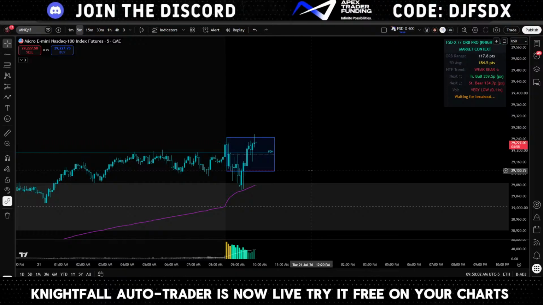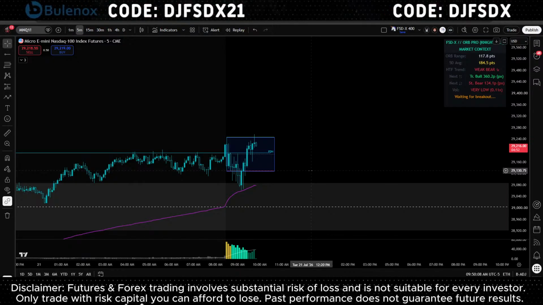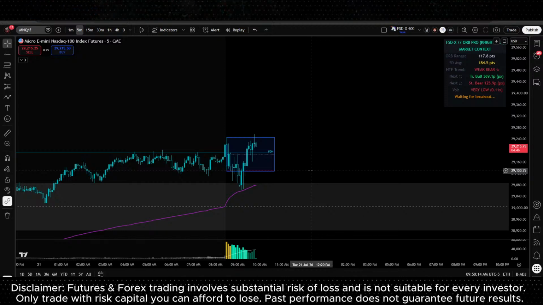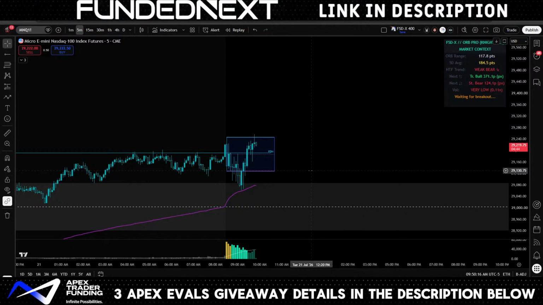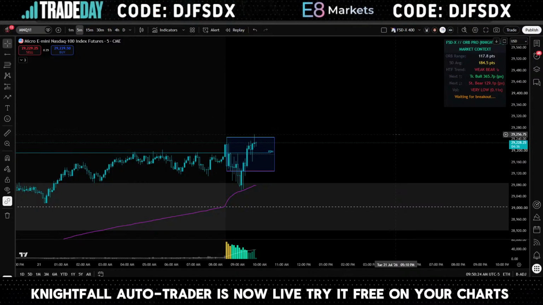If price were to come to the bottom side, we are theoretically in range to take a sell. That's a big if there.